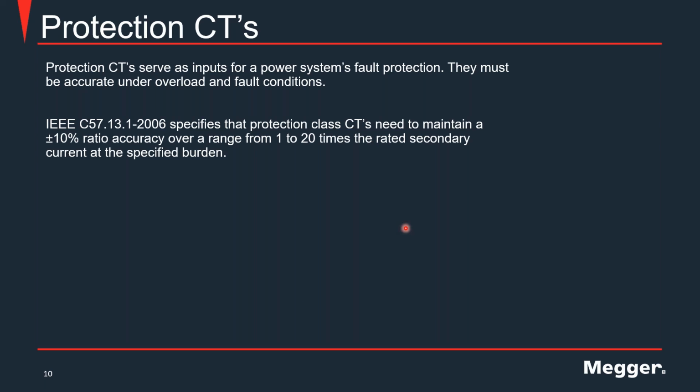Protection CTs need to be accurate beyond the normal current of the system, because when you have a fault in the system, high current conditions occur under which we need to be able to measure. That's why IEEE C57 specifies that protection class CTs need to maintain a plus minus 10% ratio accuracy over a range from 1 to 20 times the rated secondary current at the specified burden. We will talk more about it a little bit further on.